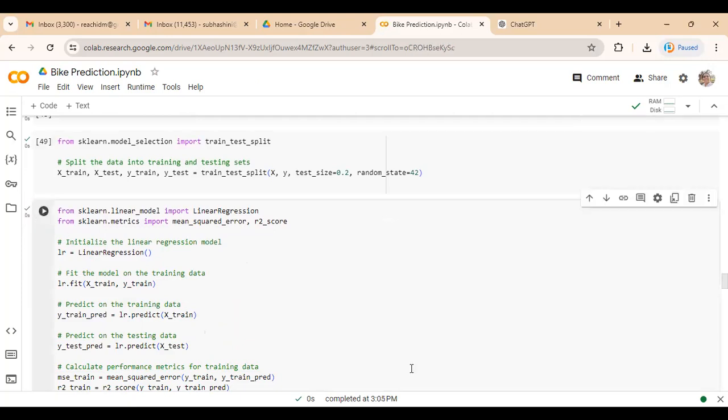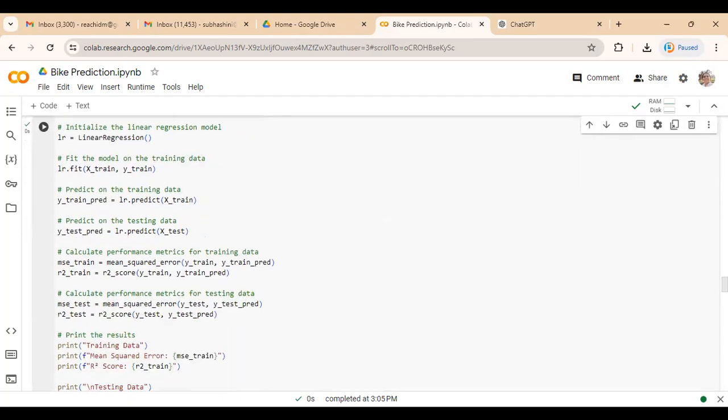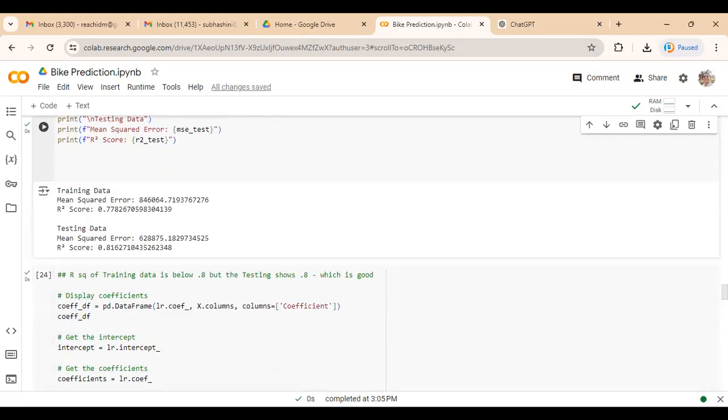Again, I hope you will remember that we have done exactly the similar thing in the earlier case study. The code itself is the same. What really matters is the fact that the data set is different and the interpretation of the outcome could be a bit different.